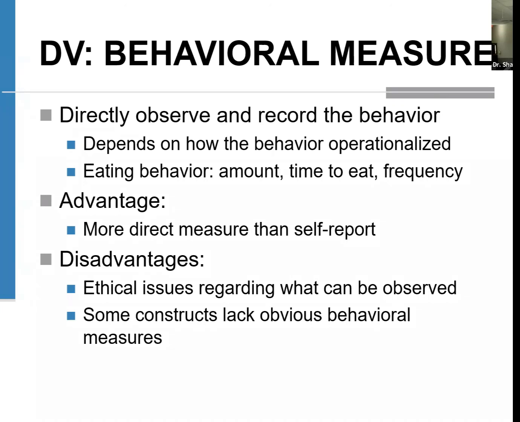How ethical would that be if I just start seeing and recording and going into their home so that I can gather my behavioral data, right? How many times did she slap him or he slap her and vice versa? So that's the first concern. So how ethical, what can be measured, what can in fact be recorded? What can actually be observed without it being a problem?